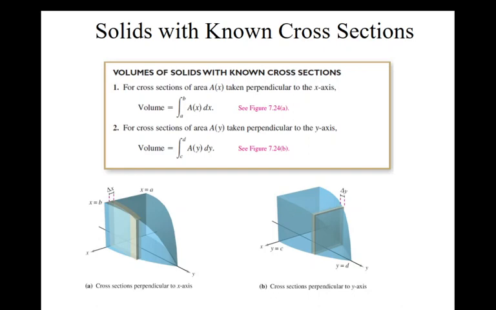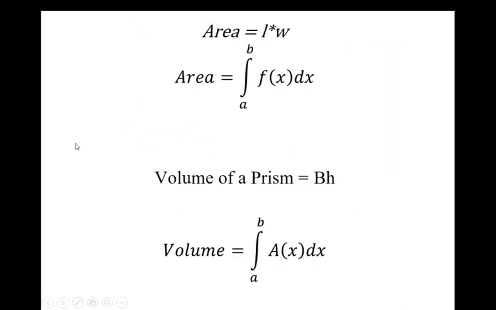So in these two cases, you can see we're using basically squares or rectangles to create a three-dimensional volume, where the base shape comes from my functions, which is the area times the height based on my cross-sections. Now, it's not very different than what we were doing before. So, these are the equations that we've been working with.